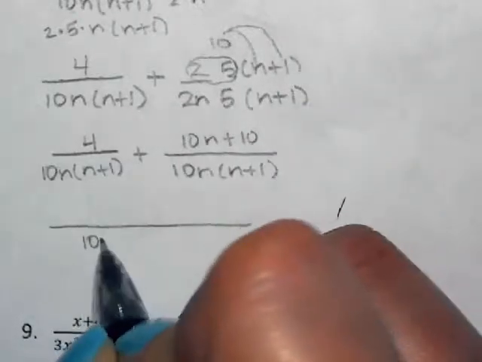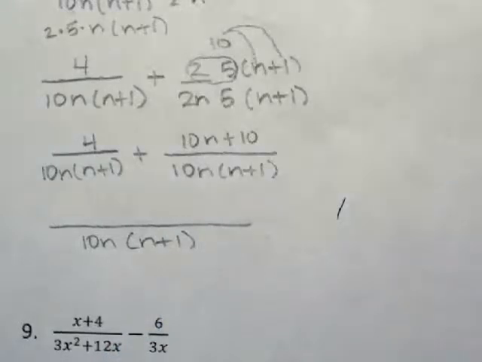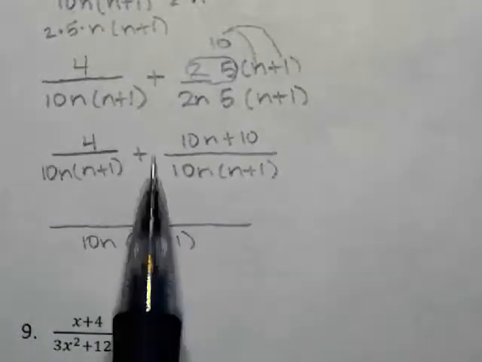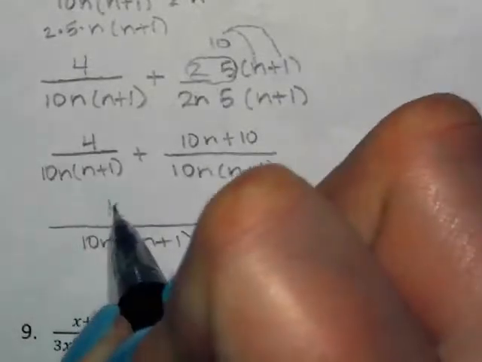You are going to be by default more comfortable with addition. So if we combine like terms, what should we have in the numerator? 10n plus 14, okay?